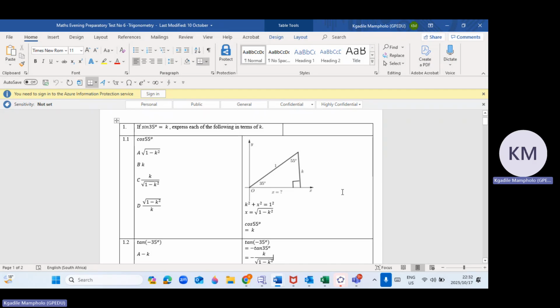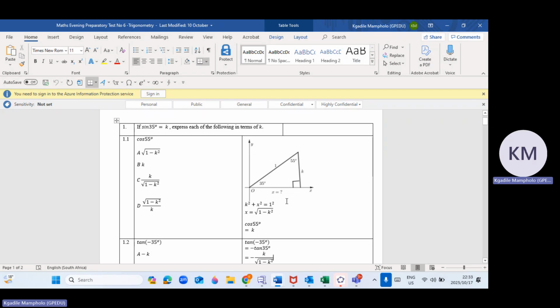Now, the first one says cos 55. What you do first is draw the diagram, then find the unknown, in this case in terms of k. Remember, you're given that sine 35 equals k. We know that sine is opposite over hypotenuse, so the opposite is k and the hypotenuse is 1.